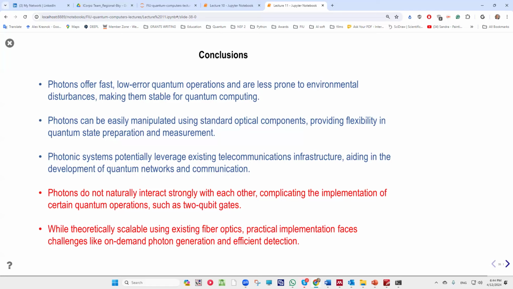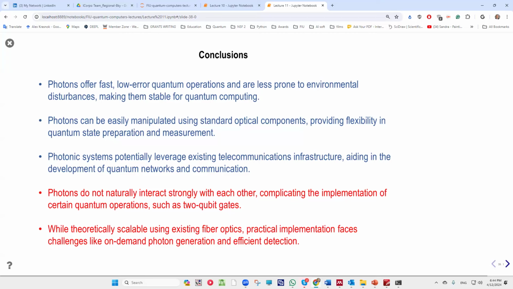Unfortunately, photons don't interact with each other unless we have a strongly nonlinear material medium. That motivates researchers around the globe to design new materials that have as strong an optical nonlinearity as possible. So we need strongly nonlinear optical materials. For example, in my lab, we've done quite a few works on this topic.